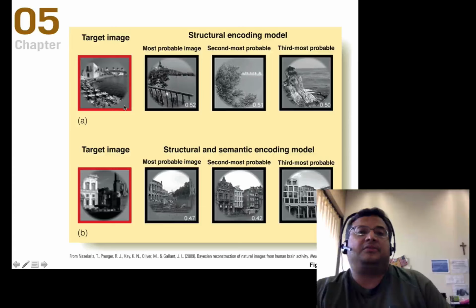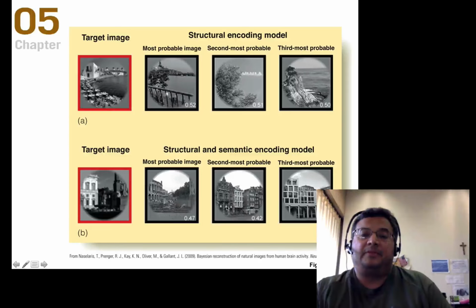The structural model, for example, found this stuff, but it kind of confused this tree and this rock with this beach area here. Whereas this model found buildings, and it sort of found this plaza view of these buildings. So it worked pretty well.